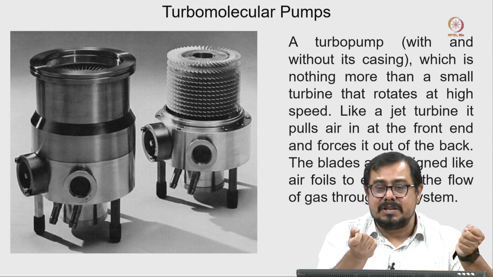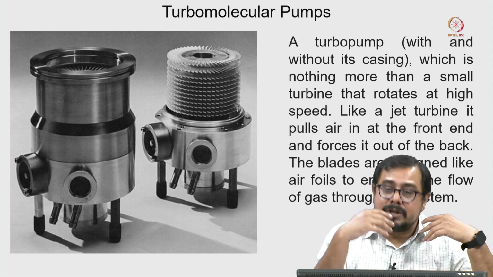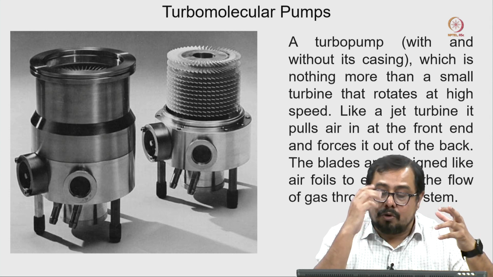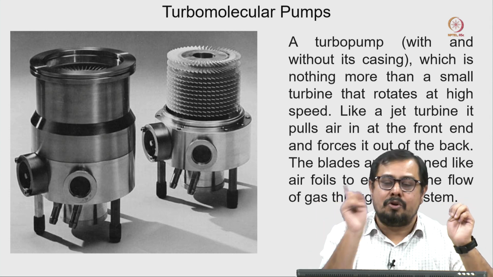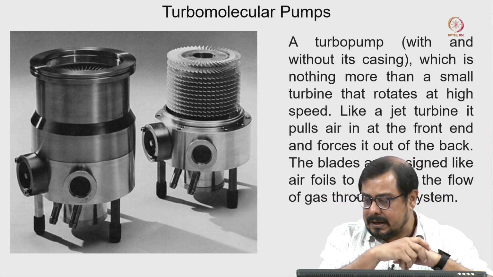the drawback of this pump is that it is a very noisy pump. It generates lots of noise, because when the turbine rotates, it generates noise and vibration, and that is going to affect our imaging.